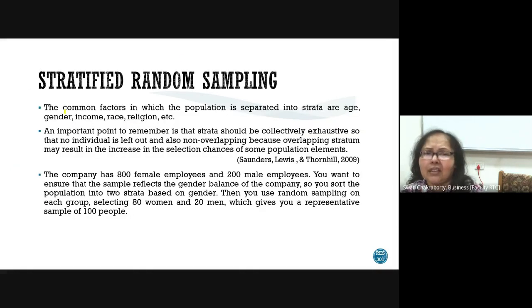The common factors by which a population is separated into strata could be age, gender, income, race, religion, and so on. An important point to remember is that strata should be collectively exhaustive, so that no individual is left out. Everyone should be included and divided into different strata.